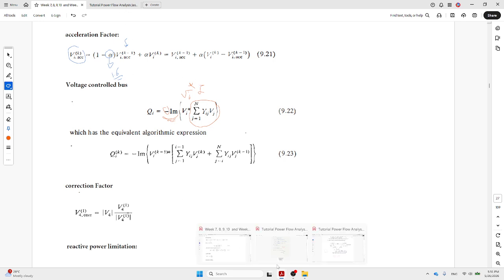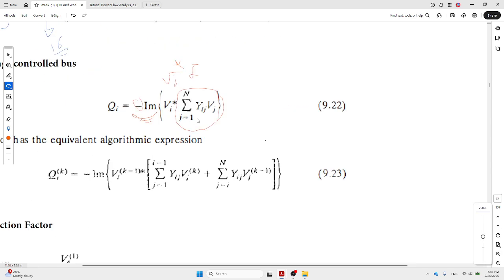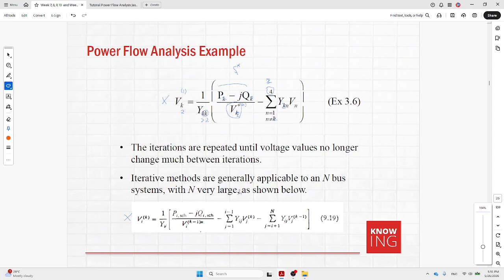So let's go back to that one. Don't forget, in comparison with this equation, we ignore the self value of Y. Here the sum is from 1 to i minus 1 and i plus 1 to n, so i is not there.